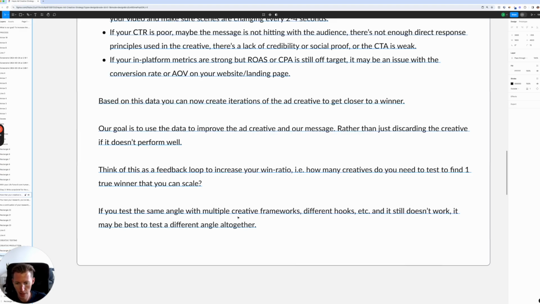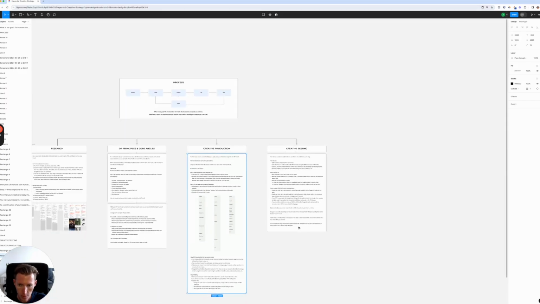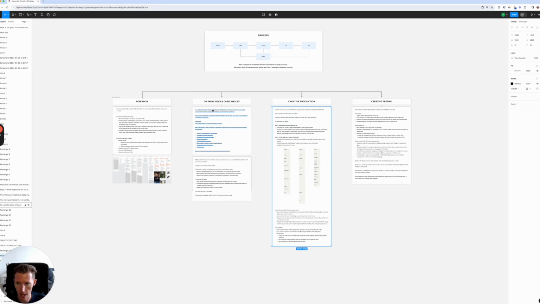And if you test the same angle with multiple creative frameworks, different hooks, etc., and it still doesn't work, then it may be best to test a different angle altogether. It could just be that this angle doesn't work for whatever reason, for a product, for an audience, for a market, whatever. So that is the process and the breakdown.